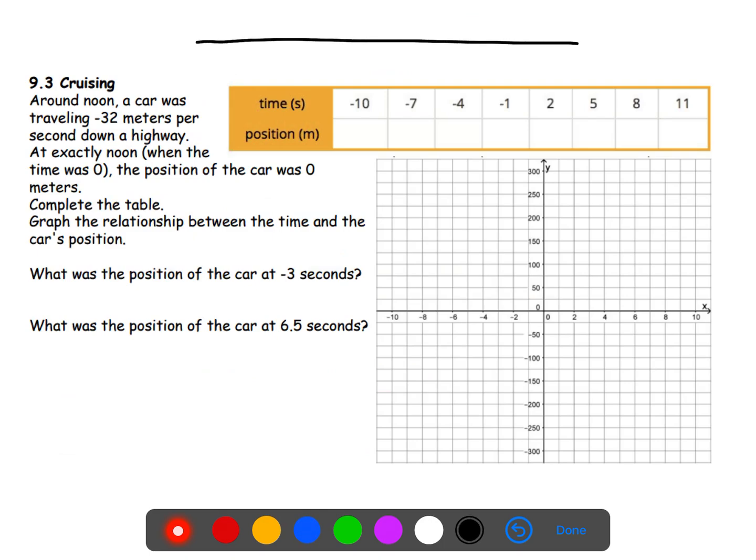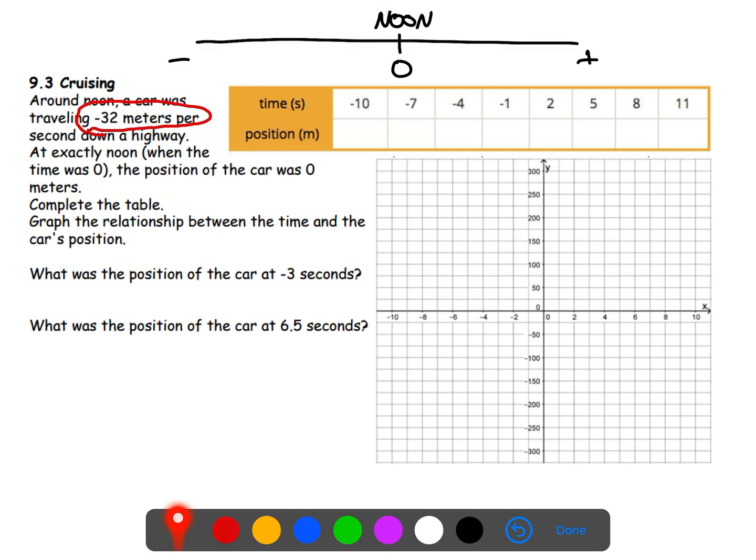We've got our road, and again, we've got our negative and our positive direction. 0 here is what it told us was noon, and that's where the car is going to be. So, if that car is traveling at negative 32 meters per second, then we need to do some calculations with that.